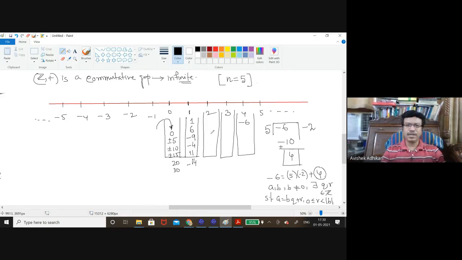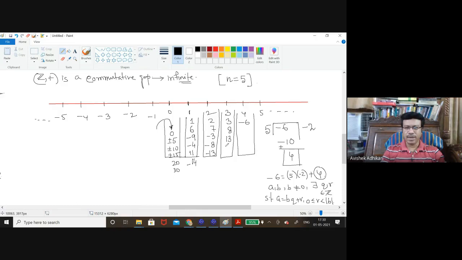Now you can understand what the elements are here. Here 2, 7, then minus 3 will come here, and then minus 8, then minus 13, and so on. So here 3, then 8, then maybe 13.